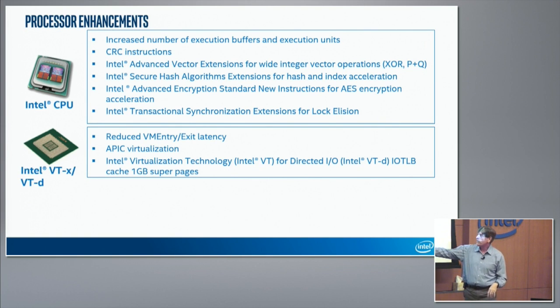And one of the things that we've done there is, for example, the VM control structure. Every time a user VM was going out and trying to do something where the guest OS believes that it owns the box, it was hitting this VM control structure. And every time, that was a VM entry and then an exit.